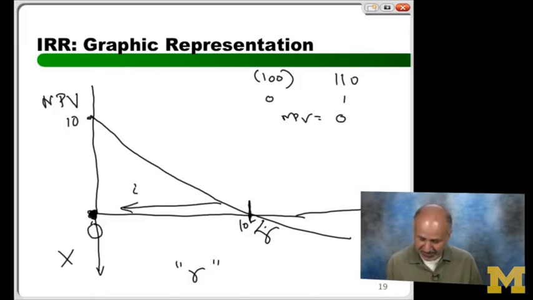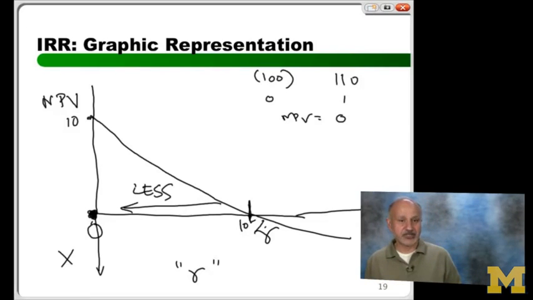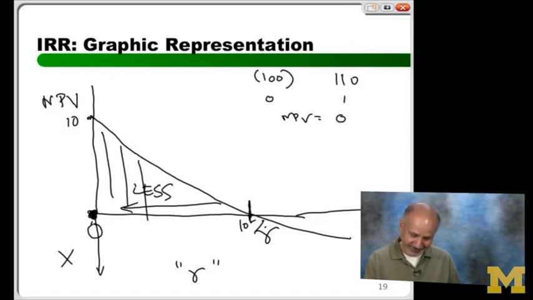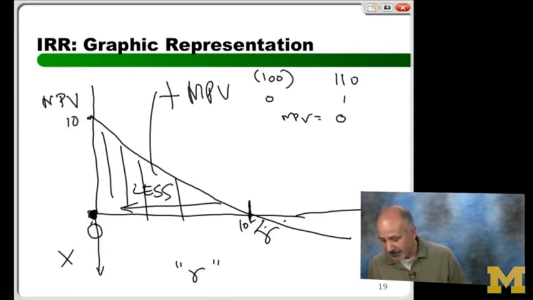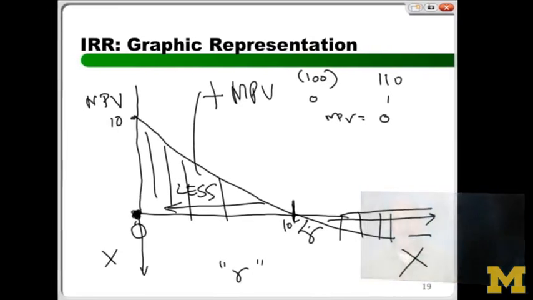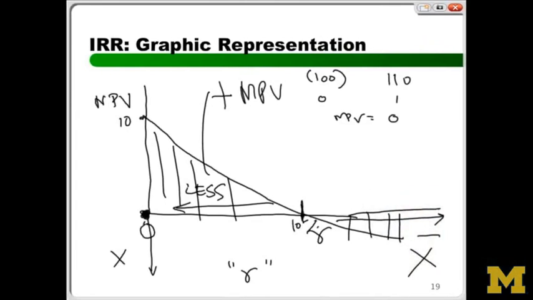If other people are making less, is this project valuable? Answer is yes. This is positive NPV. However, if other people are making more, which direction am I going? Negative NPV.